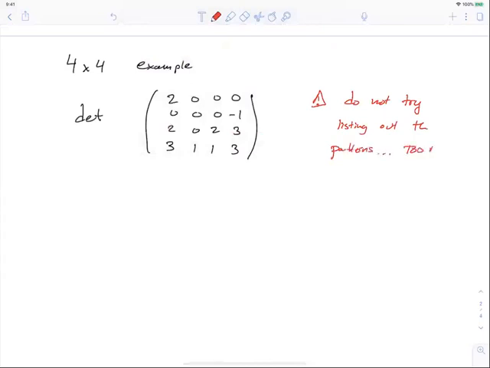There are too many of them. In fact, there's 24 total in this case. So for the 4x4, there's 24. And in general, there's going to be n factorial. So the number of patterns grows even more than exponential. So calculating the determinant with this formula is not something you explicitly want to do in every case.